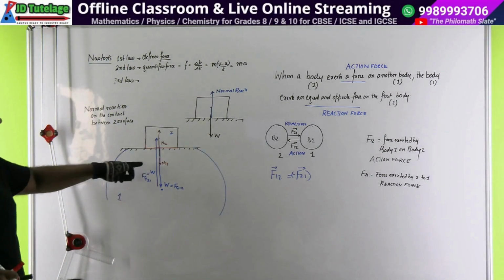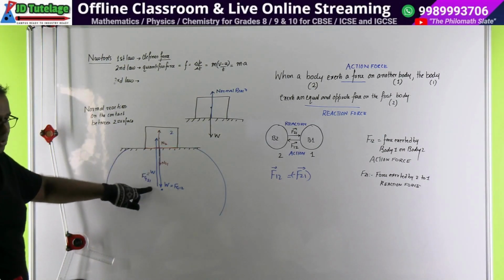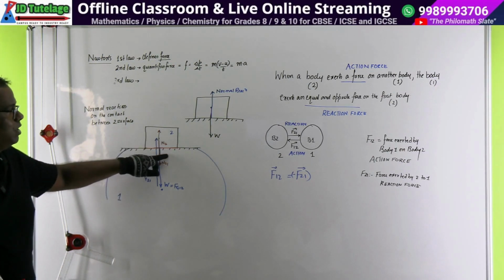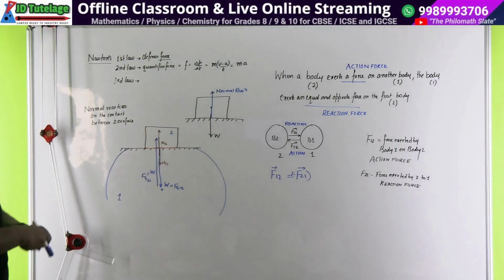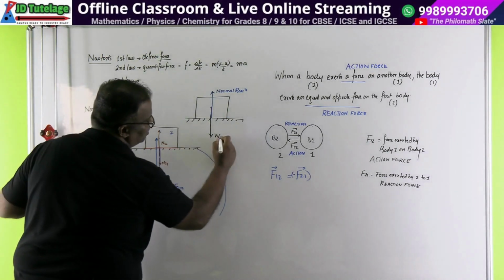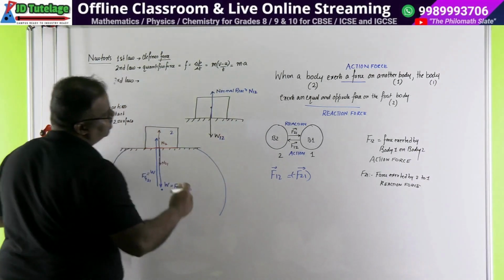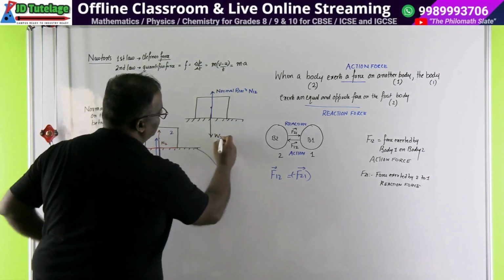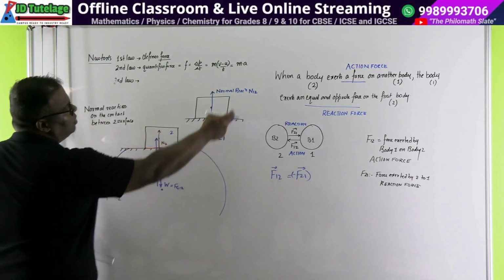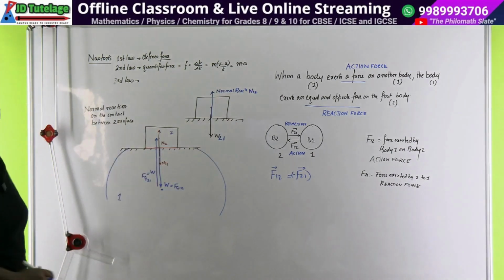The exact explanation is weights cancel weights, normal reactions cancel normal reactions. So what was missing in this picture? This picture was drawn only like this: W12 and N12 and W21. So you should see, this is W, this is N. This is not Newton's third law.